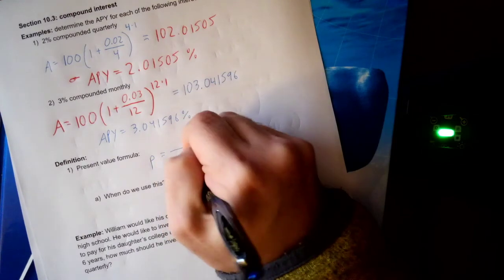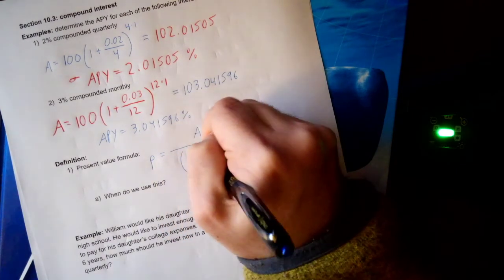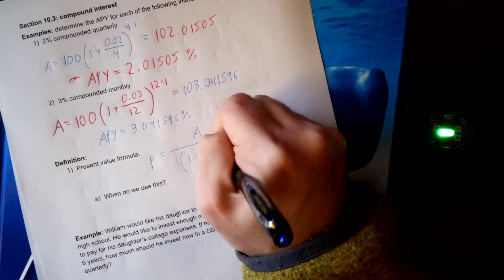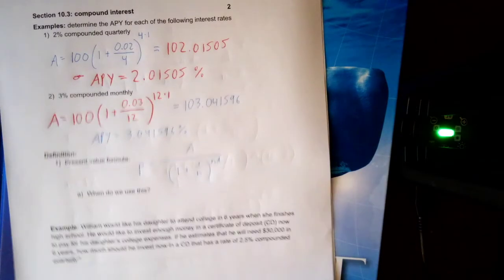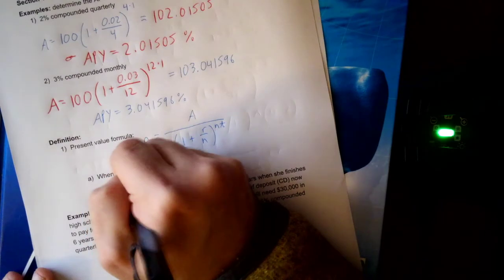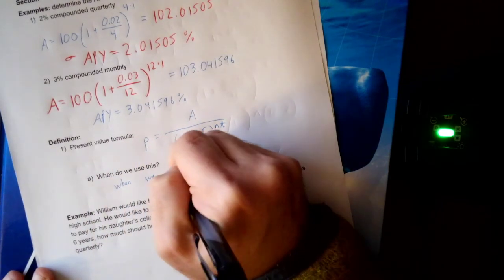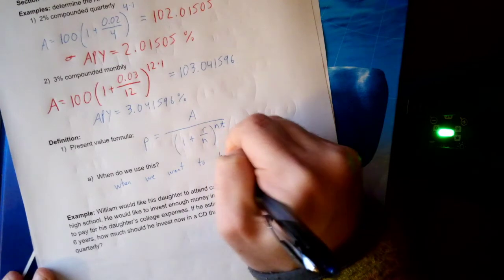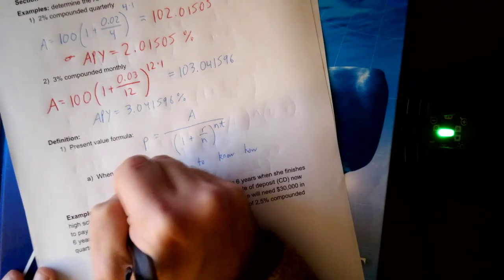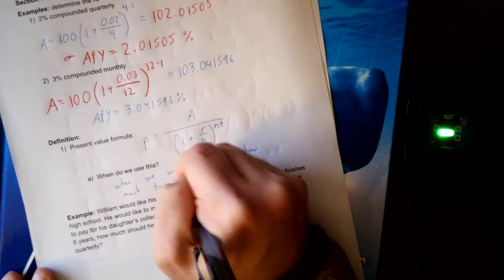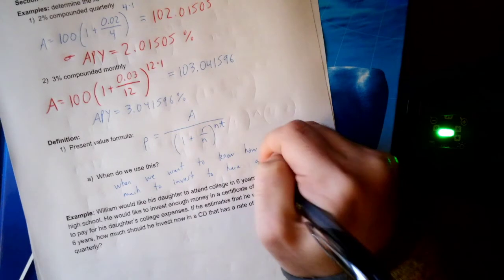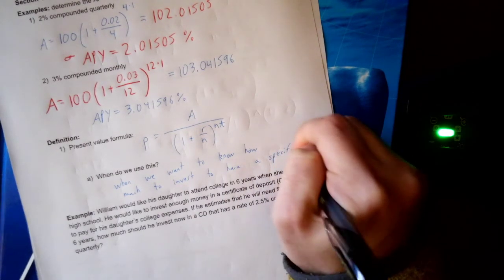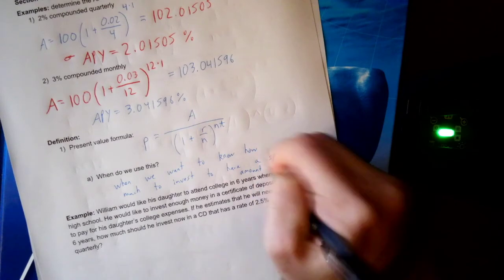And to do that, we put 1 plus R over N to the N times T. Notice we're just rearranging this same formula. It's a little messy, but we use this when we want to know how much to invest to have a specific amount in the future.